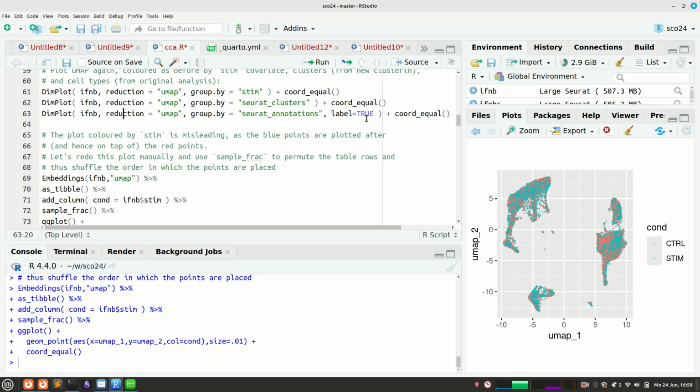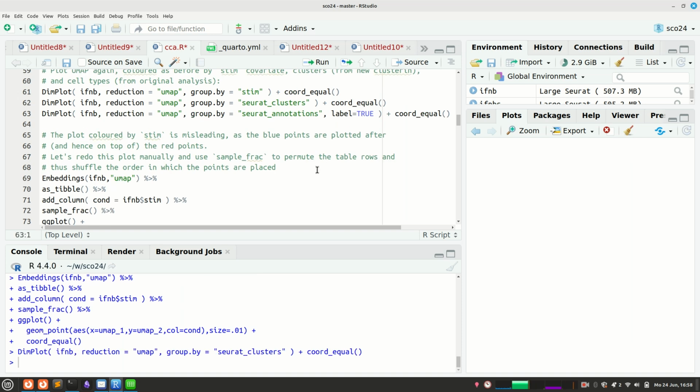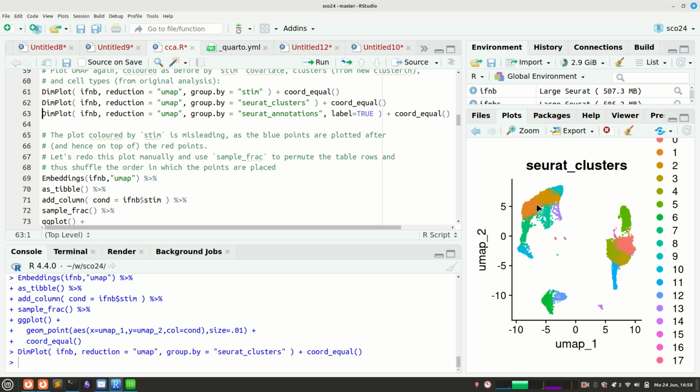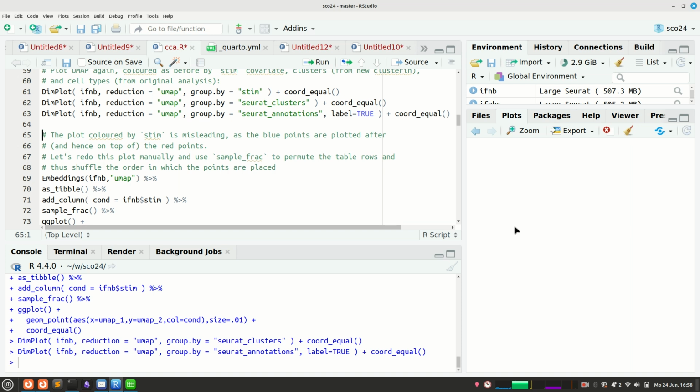With that, I can now also look at clusters. If I do a clustering on this space, then of course each cluster simply contains a good mixture of stimulated and unstimulated cells. And if I now try to find cell types on these, then I find for each cell type an explanation of how the cell type looks in stimulated and unstimulated.